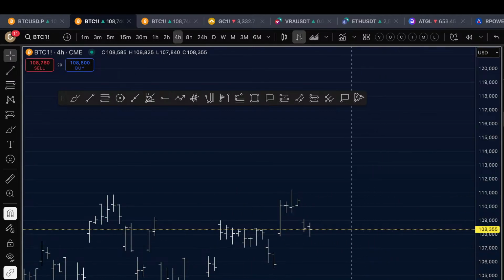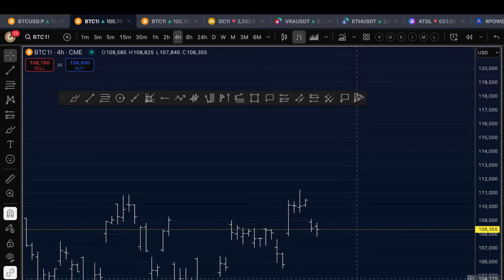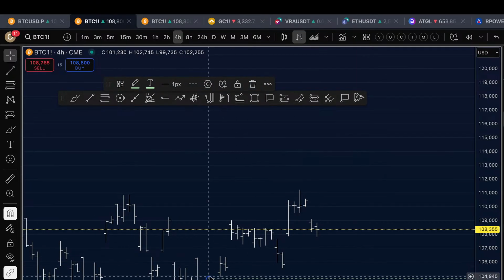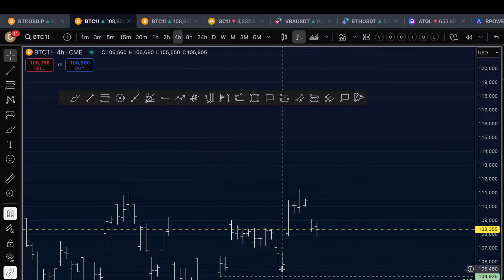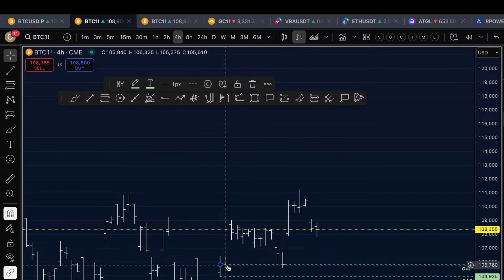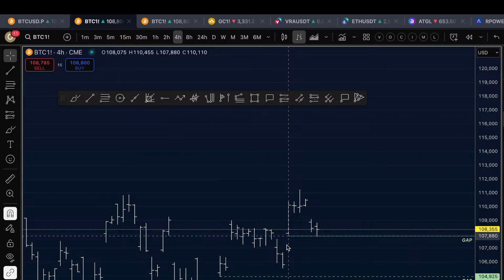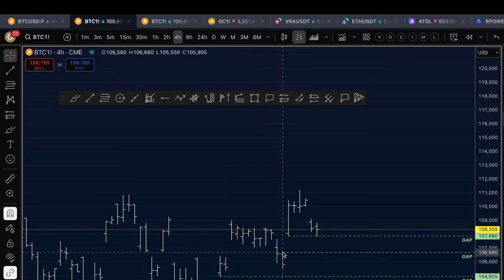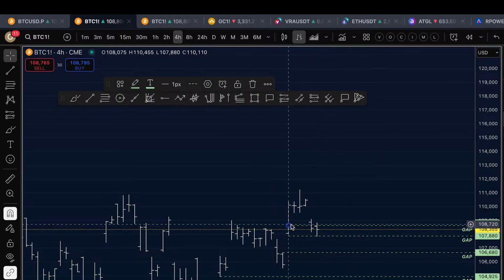Okay. We have a gap here. We have a gap here. We have a gap. And we also have new gaps around here.